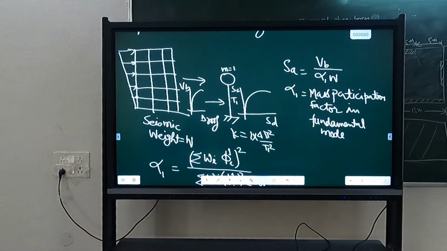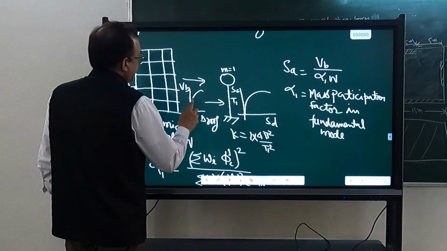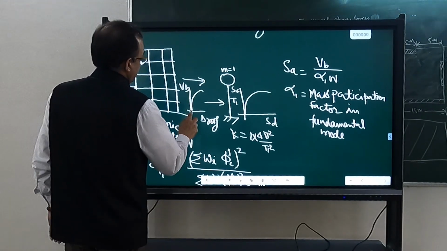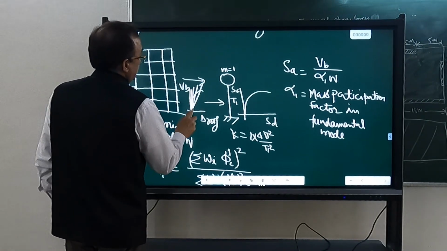So what you are saying, that SA and SD are related, is true for an elastic system. For an inelastic system, the period actually changes. Here the period is this much. Here the period goes on changing.